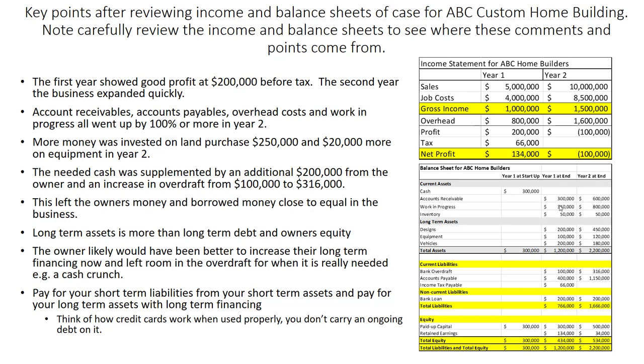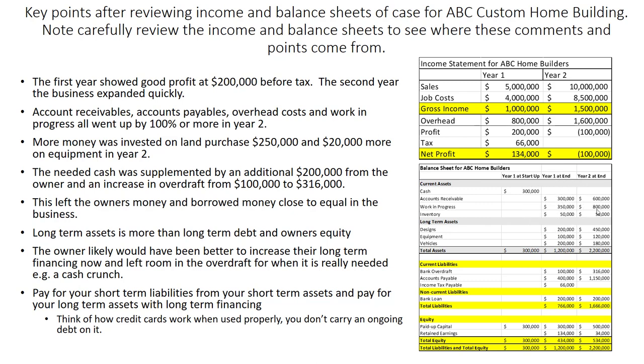Are we invoicing quick enough? Are we collecting enough? Are we turning our work in progress into accounts receivable quick enough, right? Work in progress means you're doing work, but you haven't invoiced yet for it. So that's just like money that's sitting there that hasn't been invoiced yet.